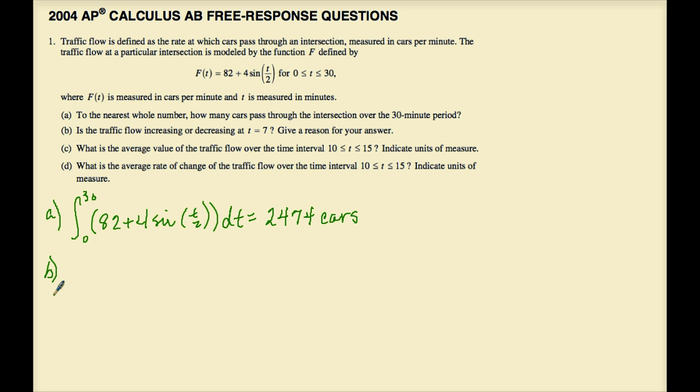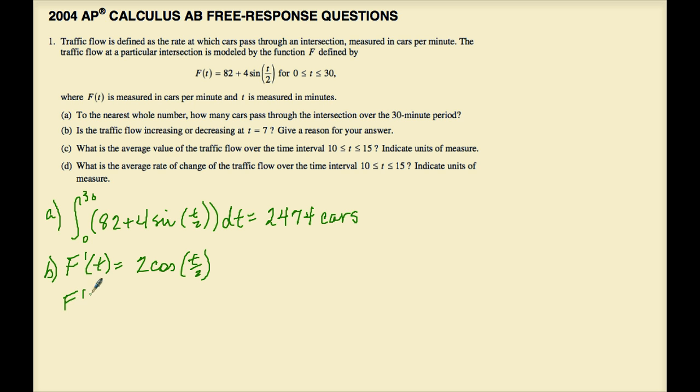Is the traffic flow increasing or decreasing at t equals 7? And give a reason for your answer. For this, we'll need to look at the derivative of this rate function. If the value at 7 is positive, then that means the rate is increasing. If the value at 7 is negative, that means the rate is decreasing. So first, let's find f prime of t, which is 2 cosine of t over 2.